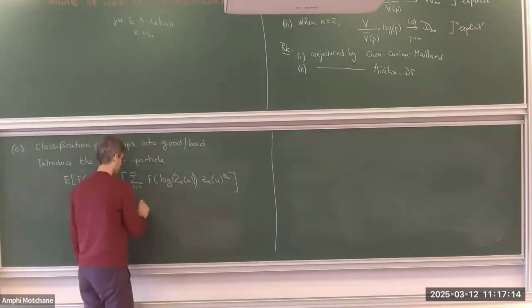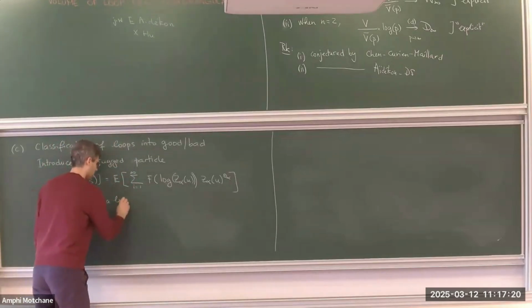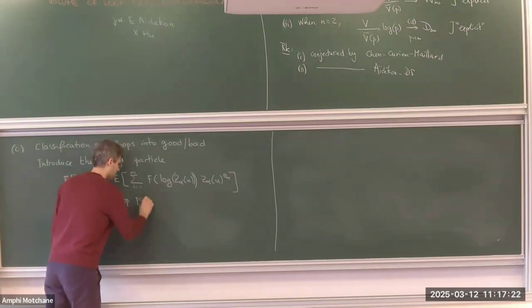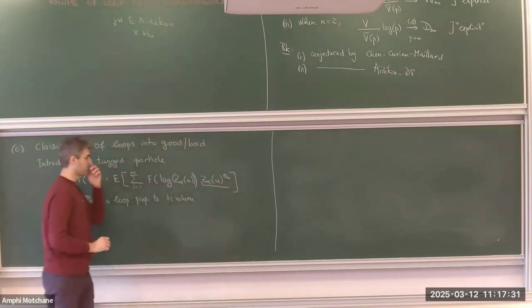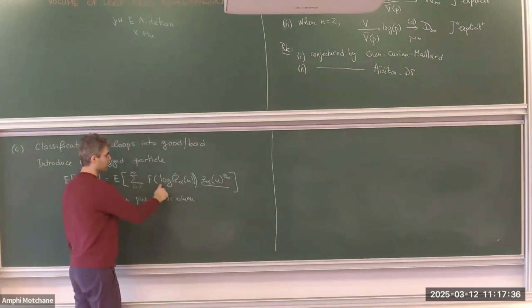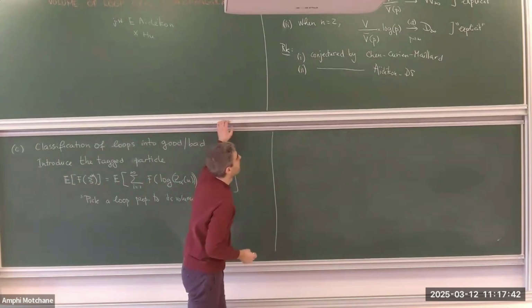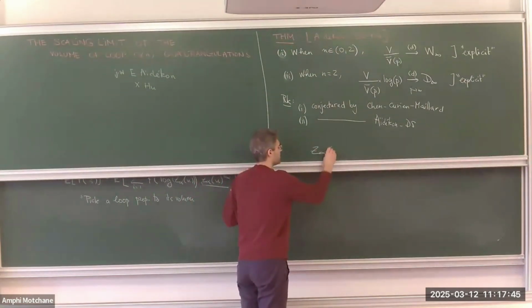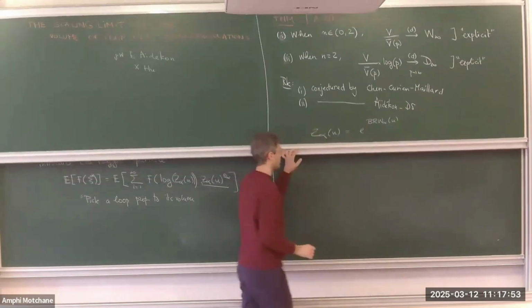What this is telling you is that you're picking a loop proportionally to its volume, because this is the conditional volume given the perimeter, and you look at what you observe in your cascade. Remember that here, Z_r is e to the branching random walk.